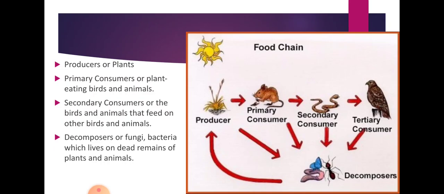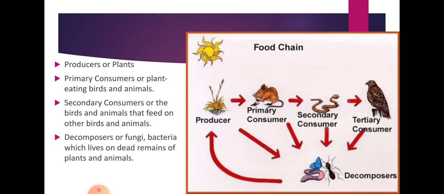The animals which eat the herbivorous animals are carnivorous animals. And omnivorous animals are the animals which eat both things: they eat the plant also, and they eat the animal also. So these are the omnivorous animals, or we can say omnivorous consumers too. Clear?